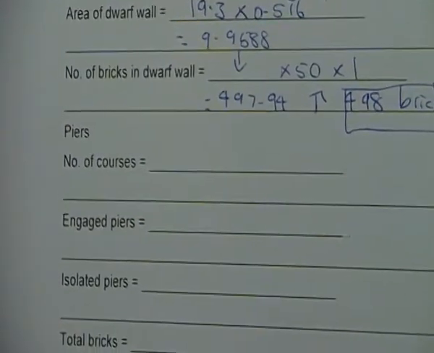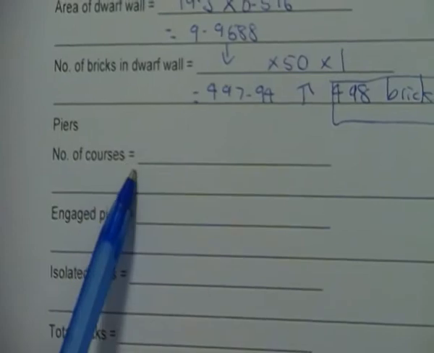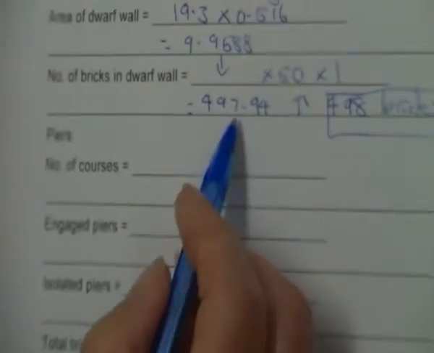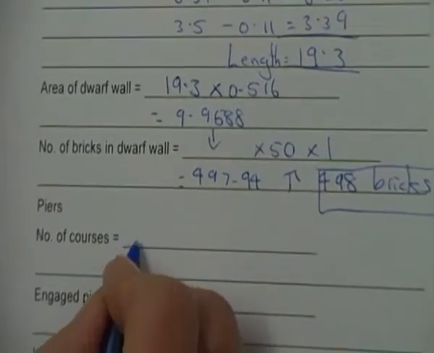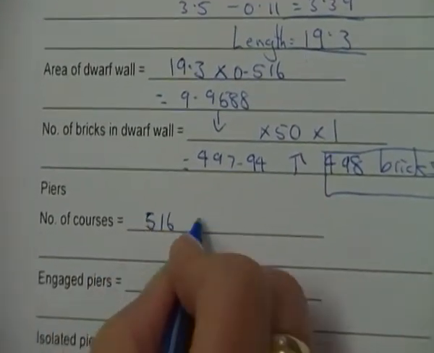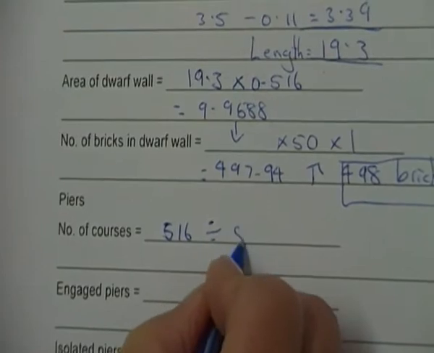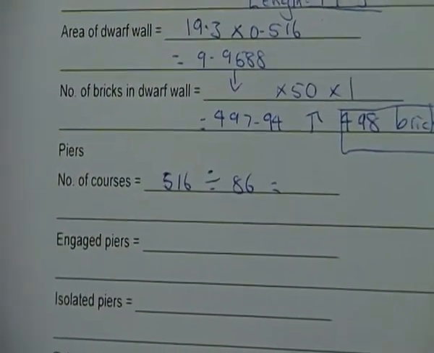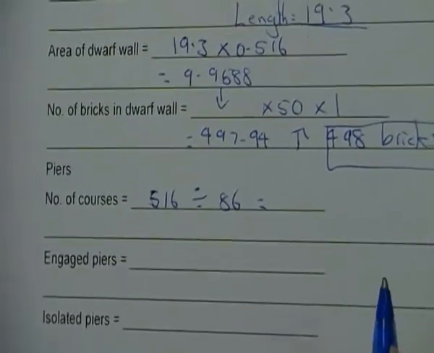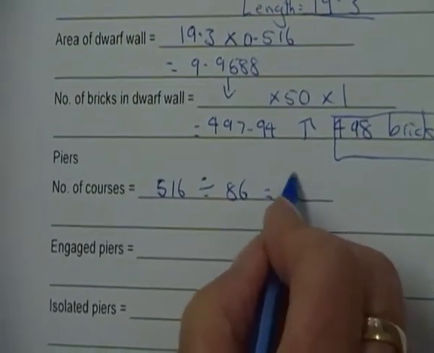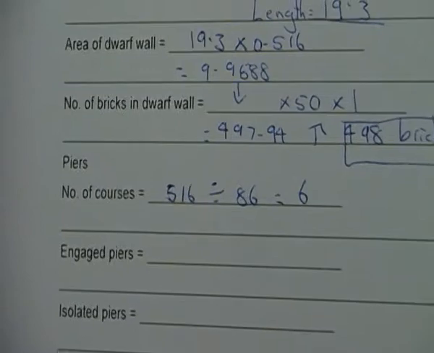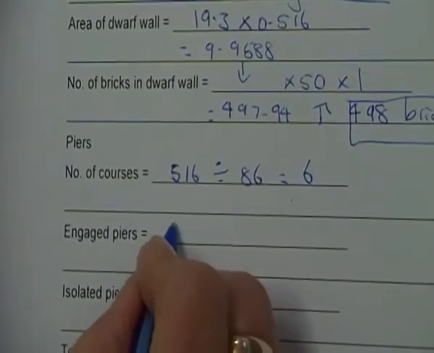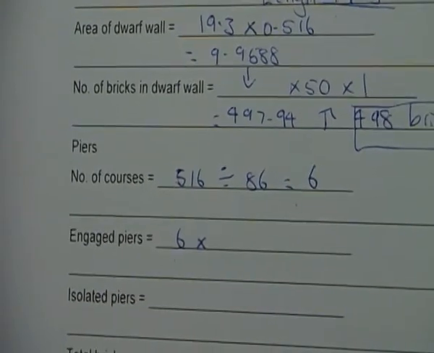Okay, so now we have to do the courses. Now the formula for that is the height divided by 86. So the height of my wall is 516 millimeters, and I'm going to divide it by 86 millimeters, the height of a brick plus mortar. So 516 divided by 86 will give me 6 courses. So now when we work out our engaged piers, I need 6 times the amount of engaged piers.